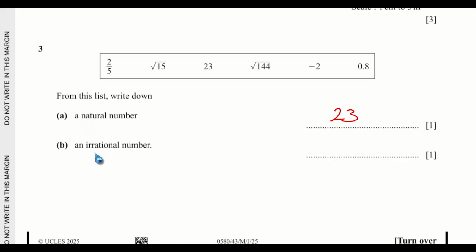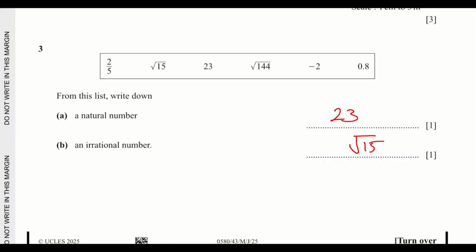Then part B, an irrational number. An irrational number here will be root 15. An irrational number is a number that cannot be written as a fraction. So that is an irrational number.